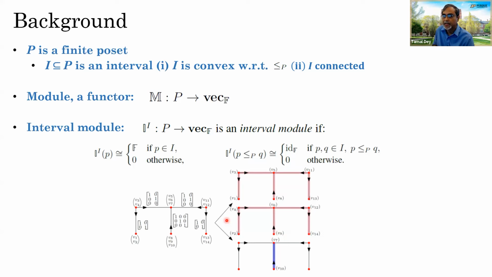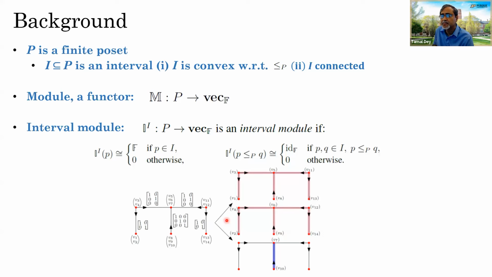A module is a functor, as we know, from the category of poset P to the category of finite dimensional vector spaces over, say, a field F. And an interval module, which I'll call a module whose support is an interval I, which I'm denoting as the blackboard-bold F with superscript I, has all the vector spaces pointwise isomorphic to a copy of the field, and is otherwise zero.